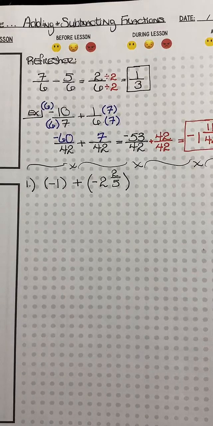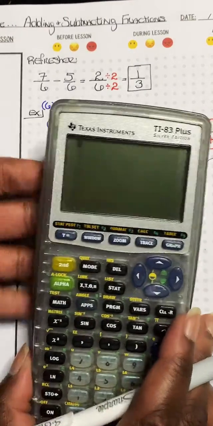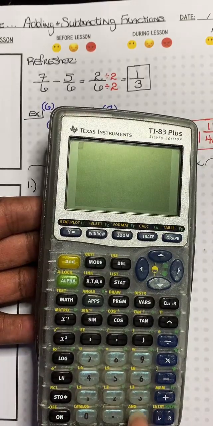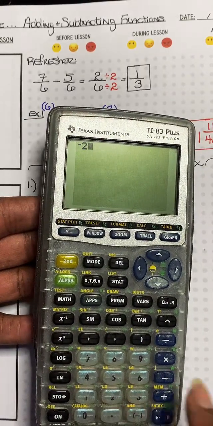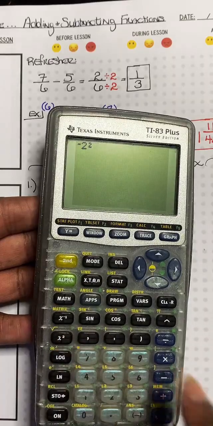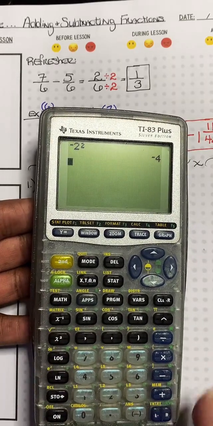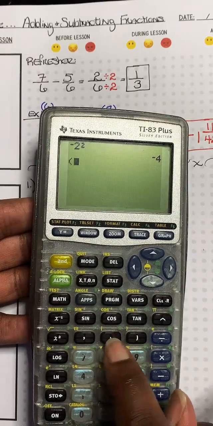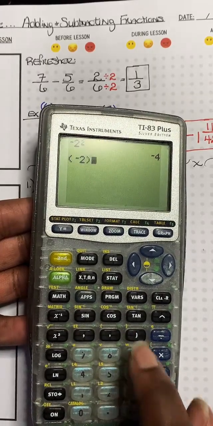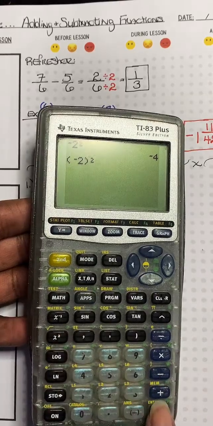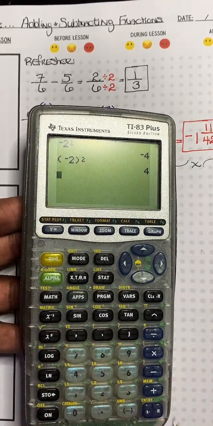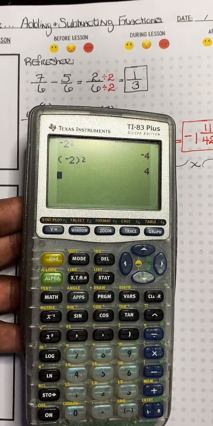It doesn't matter what type of calculator at all. Because of the power of parentheses. If I just had a -2 and wanted to raise it to the second power, it's going to tell me my answer is -4. But if I put parentheses around that -2 and raise it to the second power, I get a +4.